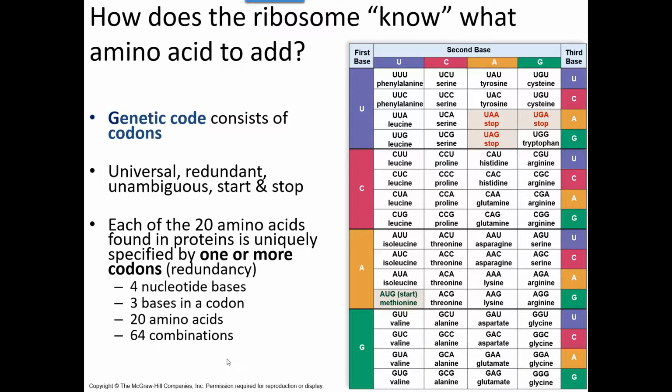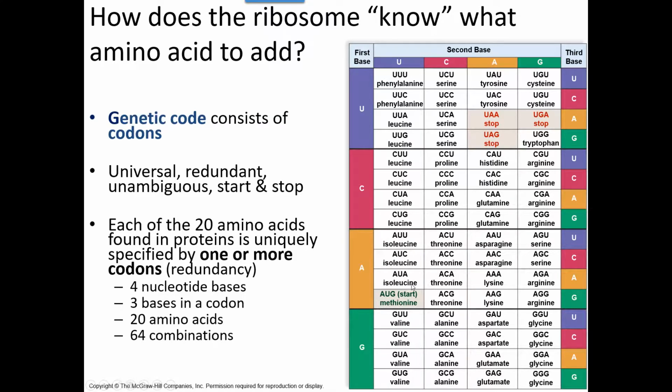So just showing an example, AUU, AUC, AUA, all code for the exact same amino acid. You can see some redundancy, that some similar codons are going to code for the exact same amino acids. Again, 64 combinations, only 20 different amino acids. We're going to have some redundancy.